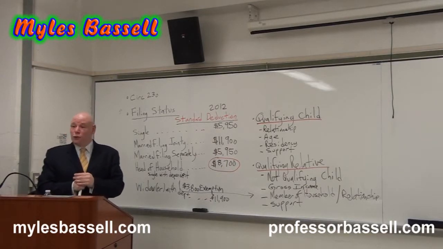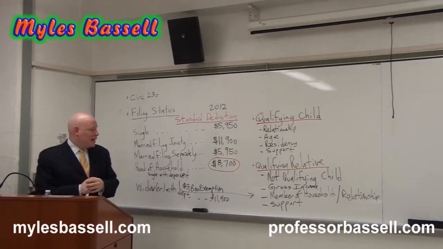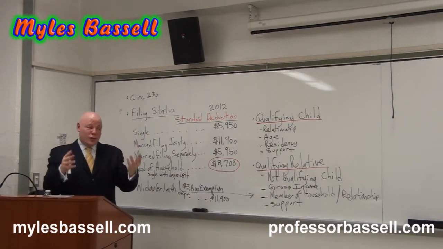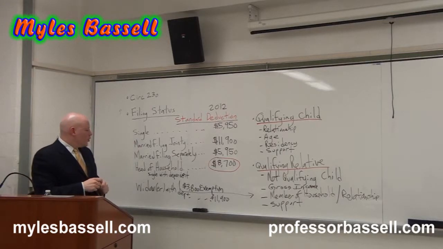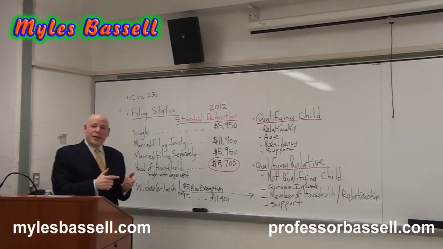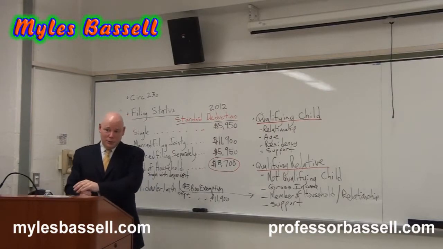They want to have 2, 3, 4, 5, 6 dependents that they could list. You have to provide their name and also their social security number, which means that a person can't be a dependent on 2 people's tax return.